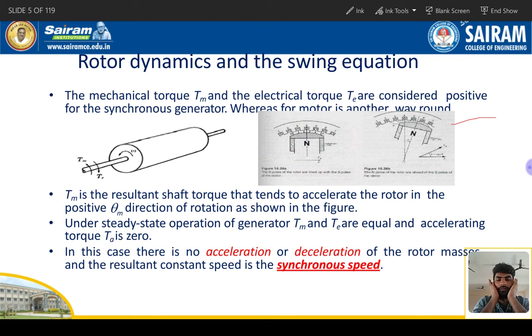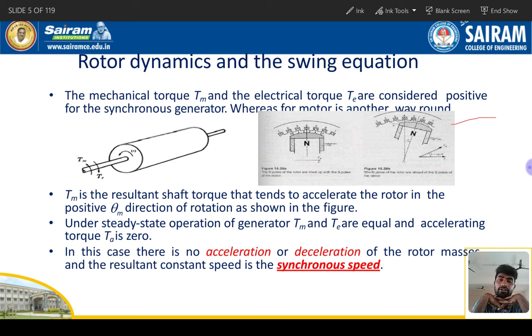So, don't get confused: 2 pi n by 60, how is it n by 60? 2 pi is the displacement, time is 60 by n. Time is the time taken for one revolution, 60 by n, 60 seconds per n revolutions.